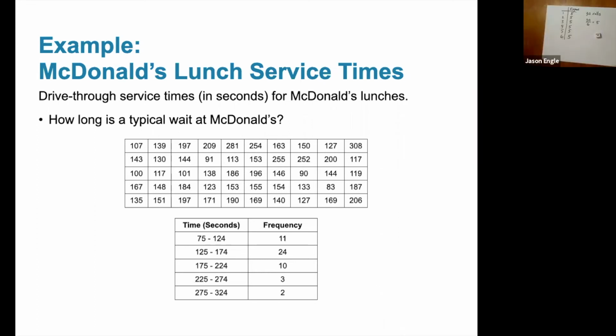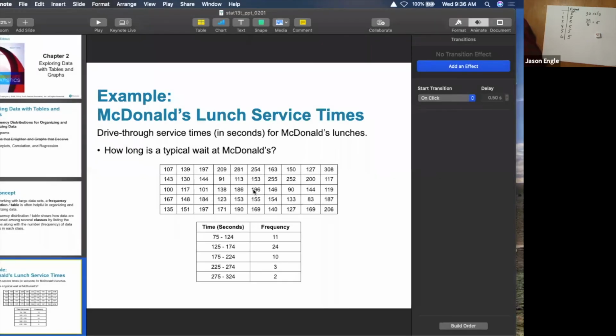And if you go through that table and count how many of those drive-through service times was between 75 and 124 seconds, you're going to count 11 numbers. So that would include this 90 right here. That would include 113 over here, the 91 over there.